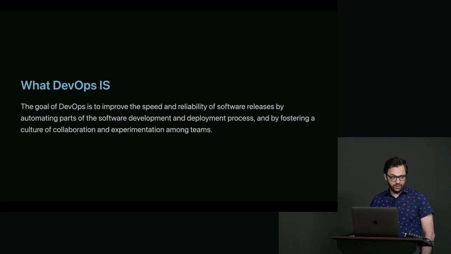Now I'm going to pause here really quickly, because one of the biggest mistakes people make even here is they'll jump on the automation. They won't jump on fostering a culture of collaboration and experimentation among teams. If you just do the automation part, you're missing half of the solution.